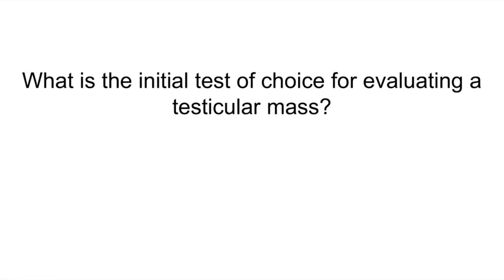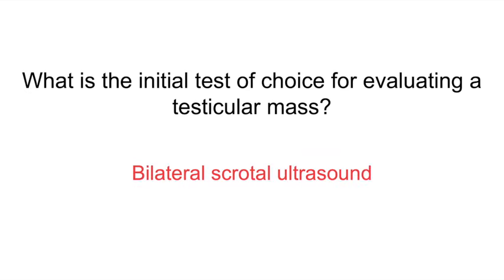What is the initial test of choice for evaluating a testicular mass? A bilateral scrotal ultrasound. And if the ultrasound reveals a solid lesion, further workup with serum tumor markers such as alpha fetoprotein and beta HCG are required, as well as screening with CT scans.